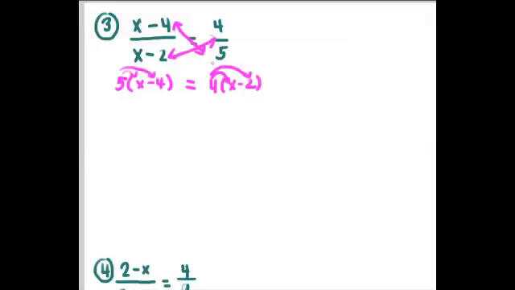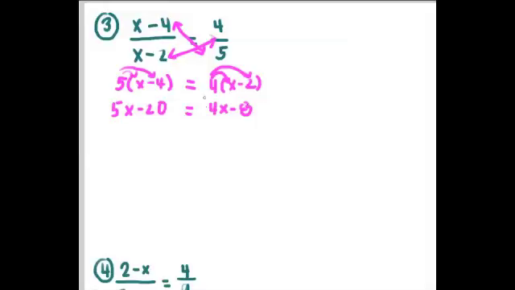So anyways, let's solve here. If I distribute the 5 in, I get 5x minus 20. On the right side I have 4x minus 8, and this is just a regular chapter 1 junior high algebra problem that you could solve here, okay? Because there are no exponents on this one, you do not have to get 0 on one side. You only have to get 0 on one side when you have exponents involved, which there are none.